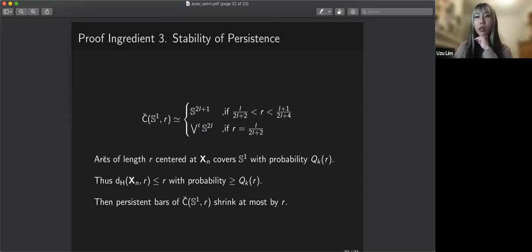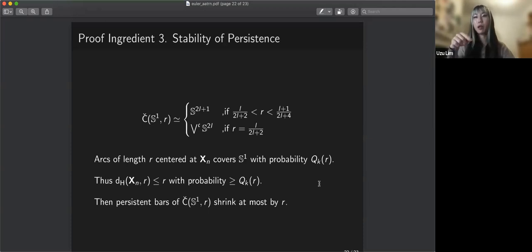So regardless, the argument here will be to work with a random sample xn and then compare it to the circle. Arcs of length r centered at xn cover S1 with probability QNR, where QNR is the probability of n arcs of length r covering the circle.